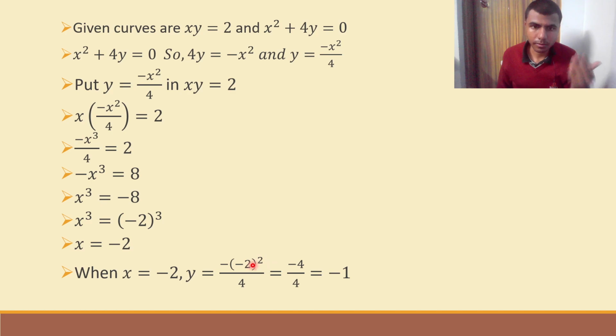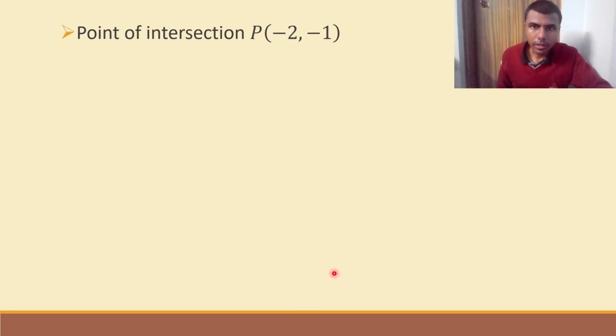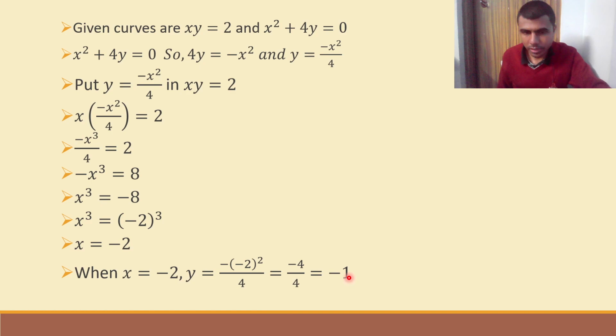Minus 2 whole square is nothing but plus 4. So minus is there outside, and the internal one is positive. Minus 4 by 4 is nothing but minus 1. Okay, I got my point of intersection. The point of intersection is P, minus 2 comma minus 1. When x is minus 2, y is minus 1.